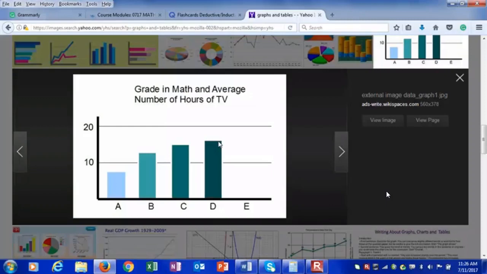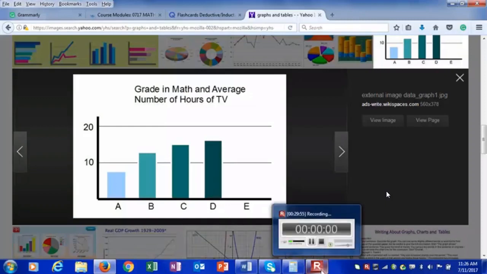But I'm also saying, A doesn't have a whole lot of hours of TV, but actually has the highest grade in the class. D has the highest amount of TV, but actually has the lowest grade in the class. So I could conclude that the more hours of TV that a person watches, the lower their grade will be in math. Okay, and of course you'd have to do that over multiple students in order to determine if that's true.